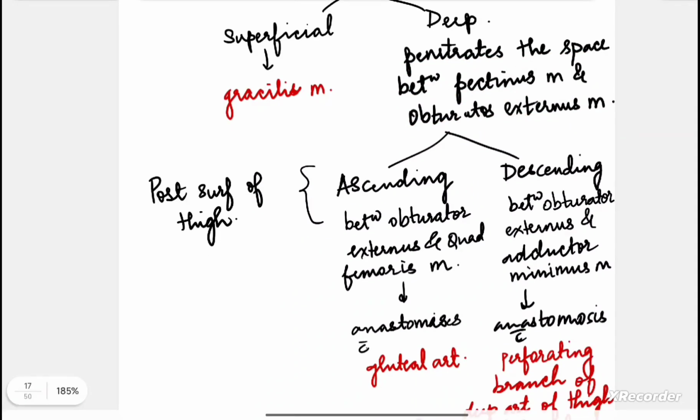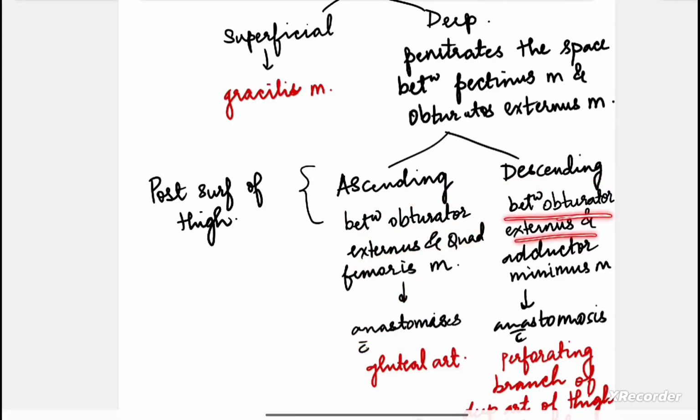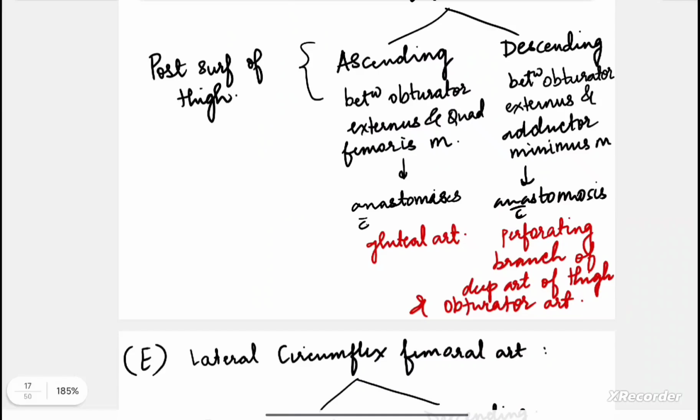There are two, ascending and descending. The ascending is between obturator externus and quadratus femoris muscle, which anastomoses with the gluteal artery, and the descending is between obturator externus and adductor minimus muscle, which anastomoses with the perforating branch of the deep artery of the thigh and obturator artery. This is the posterior surface of the thigh.